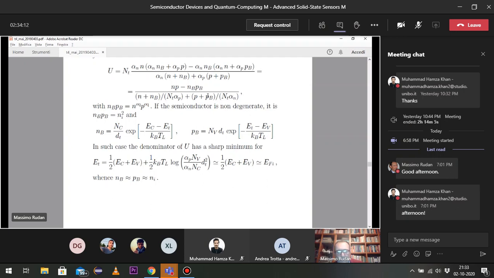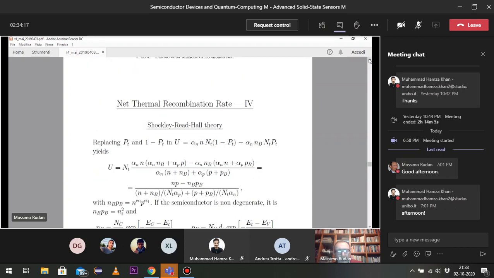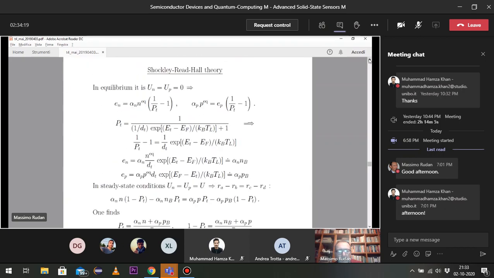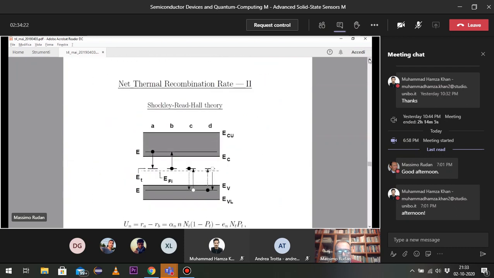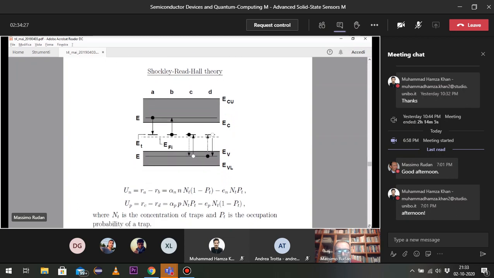Now we have to go back, because you remember when we started the analysis, we said we always have traps in the gap. And since we always have traps in the gap, then the direct transitions will be negligible, because the trap-assisted transitions are the only ones that are important.